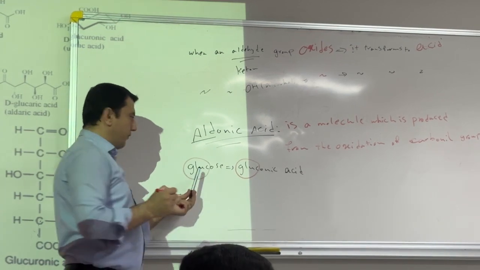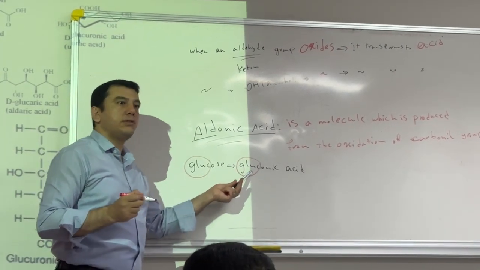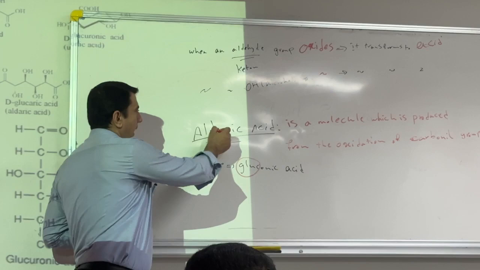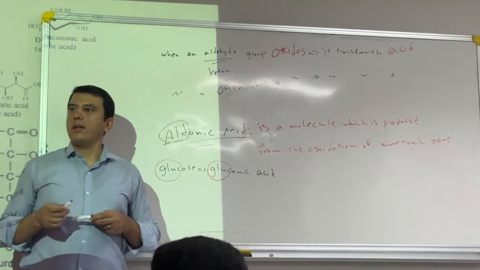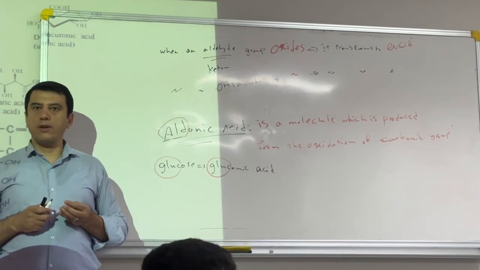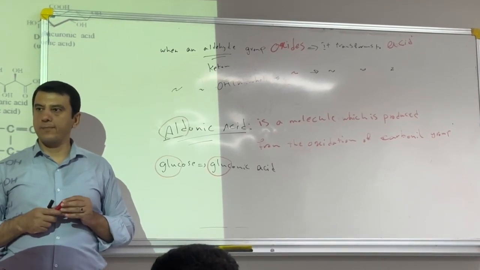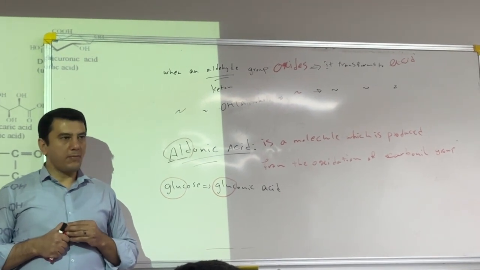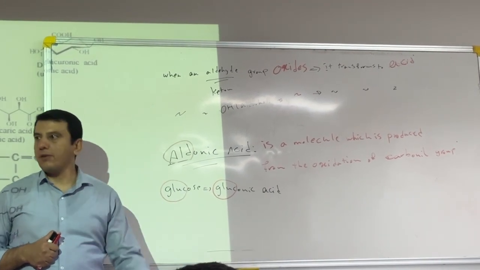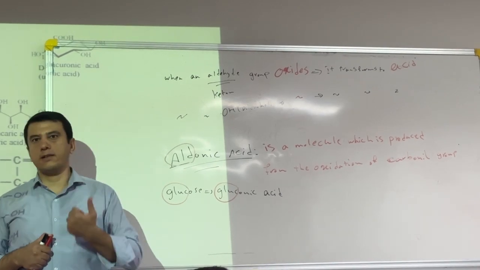The name of the sugar substitutes with the ald part. For example, for galactose we have galactonic acid. For mannose we have mannonic acid, and so on.